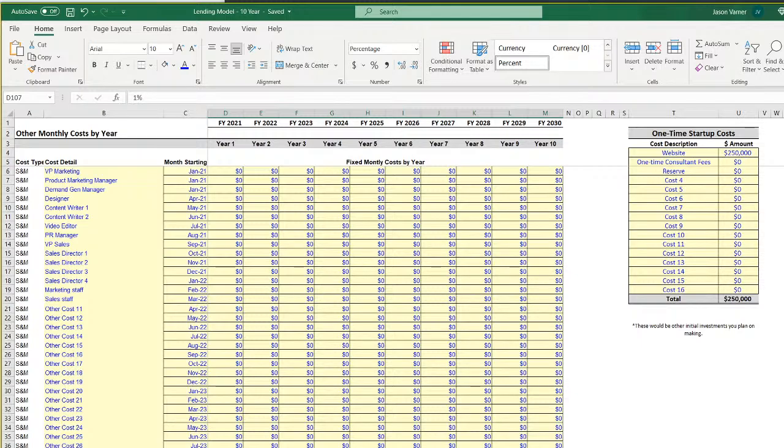It's going to focus on what parts of this 3 statement model all of that affects, which is obviously inventory, cash, and accounts payable, if you're not paying for it all up front.